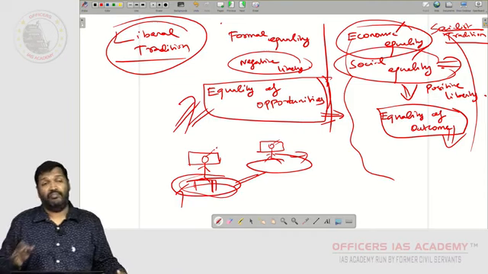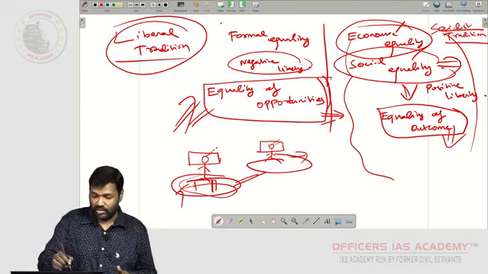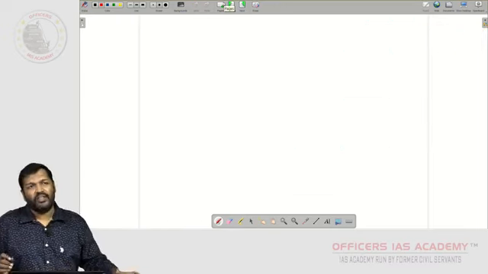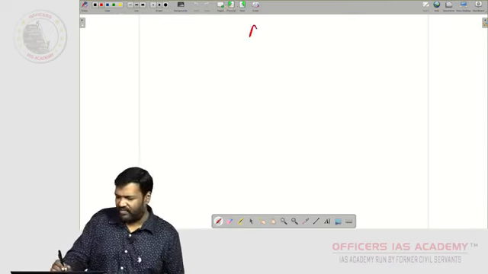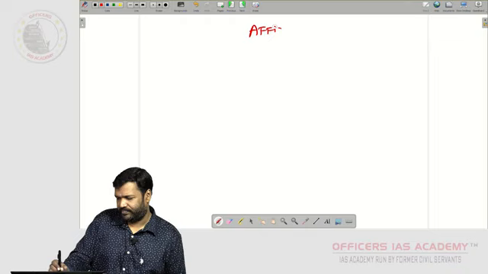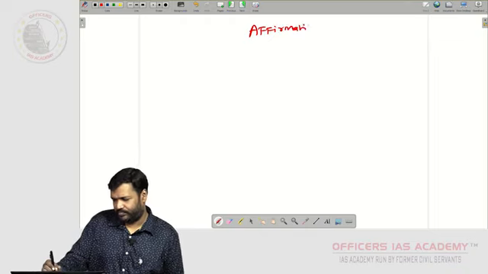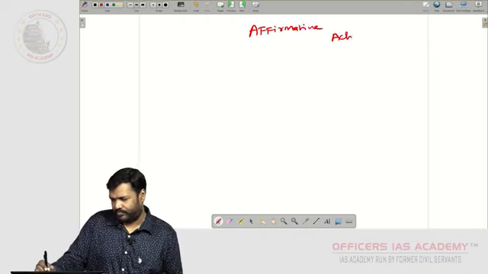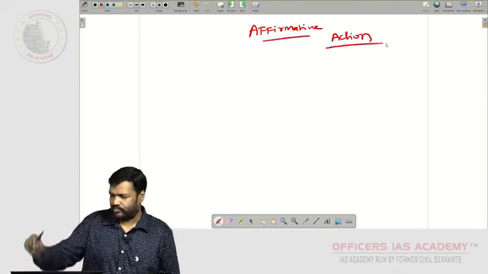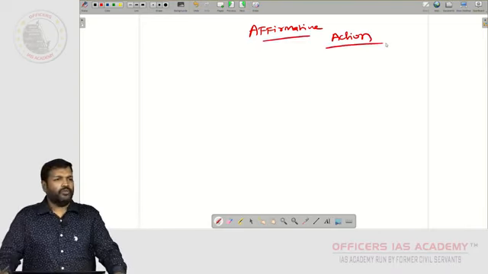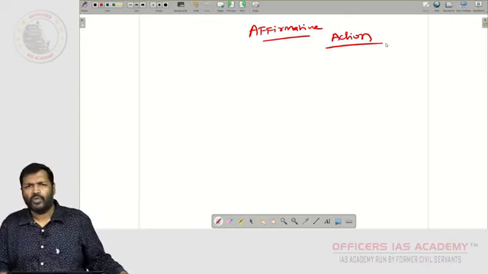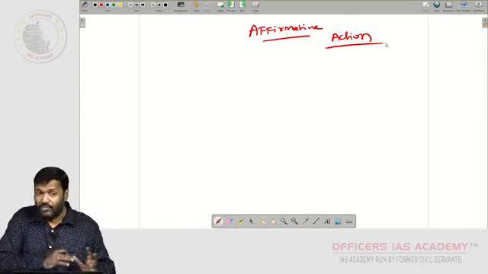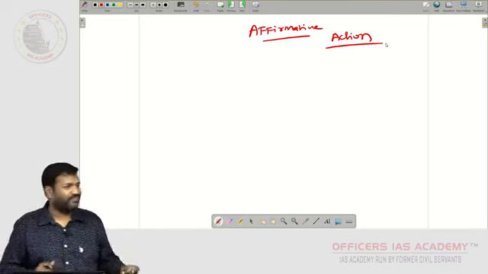But at the same time, people also assert the society should always have a system of affirmative action. So last session we saw that is how liberty and equality are contradictory.